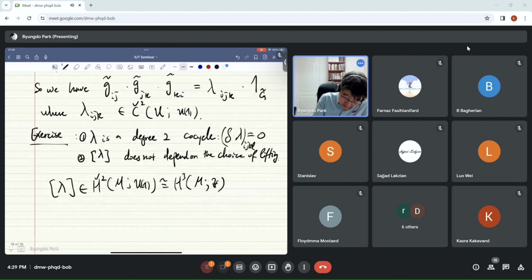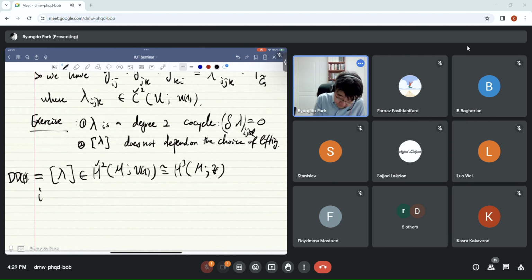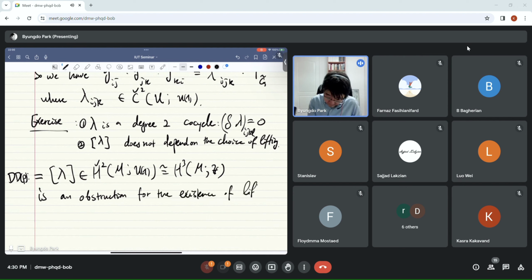And we define this to be DD of P. And this is an obstruction to the existence of lifting. Okay, so then we are done.